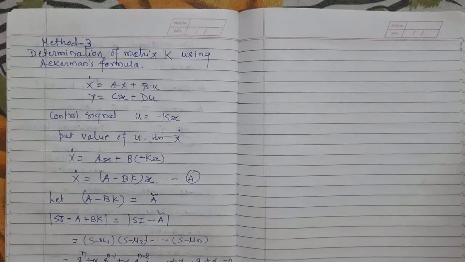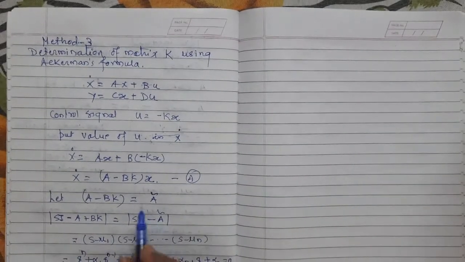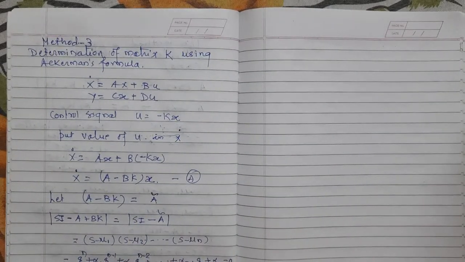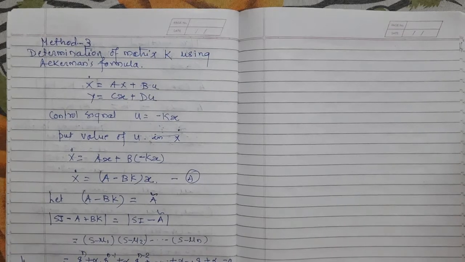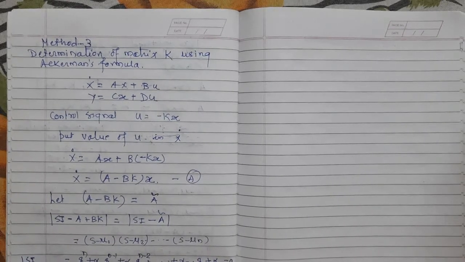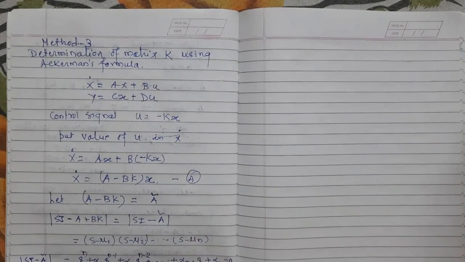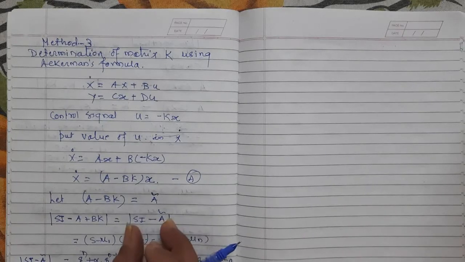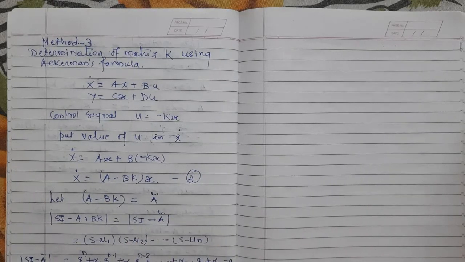Now see here, this is sI minus A bar, equal to this one. We will solve this, so we get this polynomial equation. So sI minus A bar is equal to s raised to n plus alpha 1 and so on plus alpha n, equal to 0.